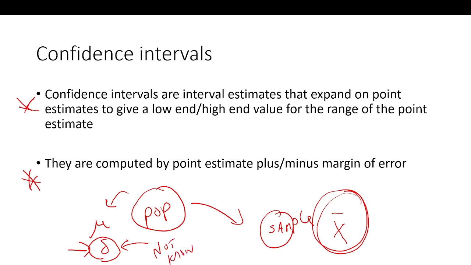Now you can estimate it with S, but the book talks about the situation where you either know this or don't know this from the population, which is sort of a nonsensical situation. Because if you're taking a sample, by definition, you don't have a population, you don't know the population standard deviation.